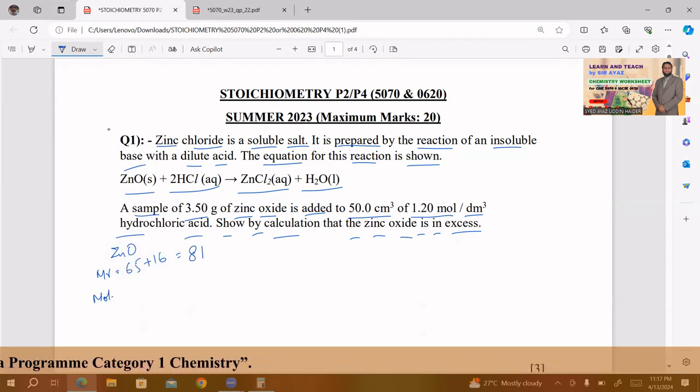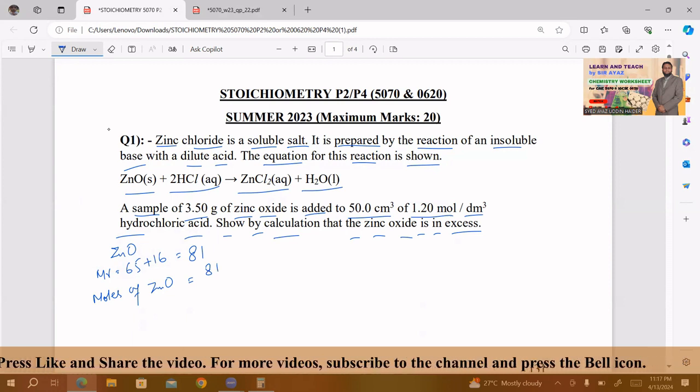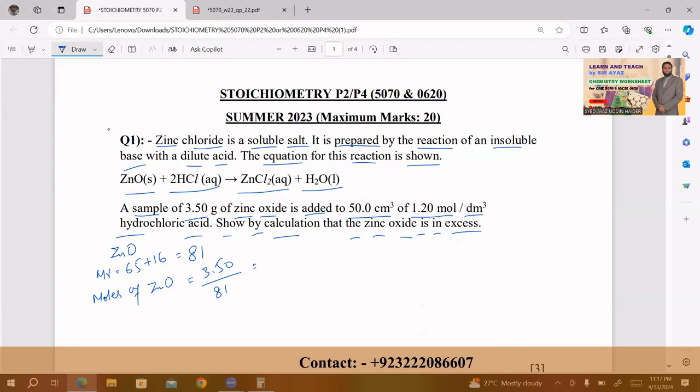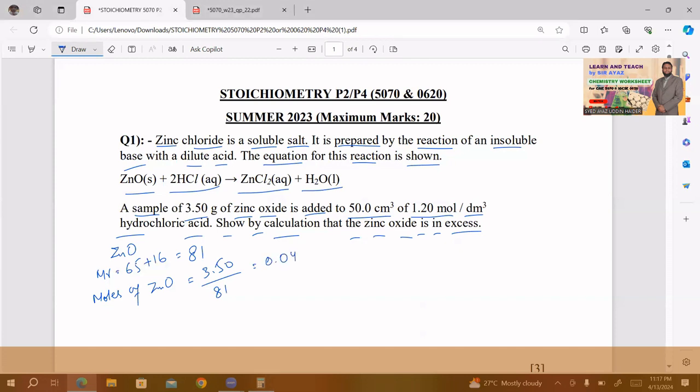So moles of ZnO will be 3.5 grams divided by Mr, which is 81 here. 3.5 divided by 81, so the moles will be 0.0432 moles.